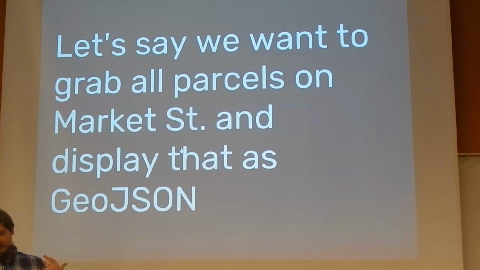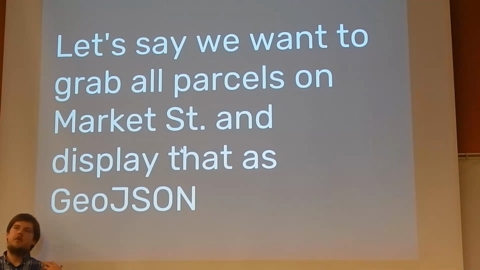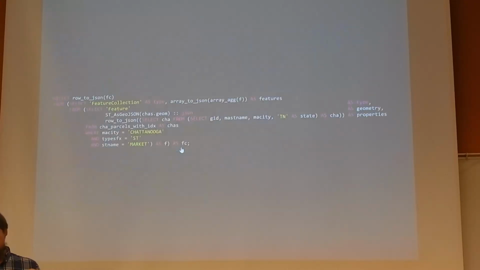I want to give some examples of this. I grabbed some open data from the city of Chattanooga. I have the parcel data, and let's say I want to grab all the parcels that are assigned to Market Street and display that as GeoJSON. So my query turns into this. I added my little special filters for the city, Chattanooga, the street type suffix, and street name, Market.